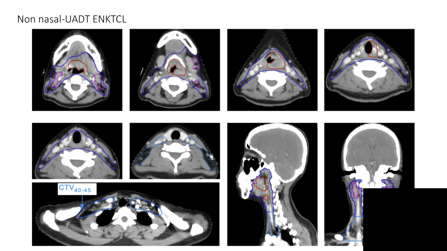If you can see here, the author has nicely avoided the uninvolved submandibular gland. In this kind of case, this submandibular gland needs to reach a mean dose of less than 11.